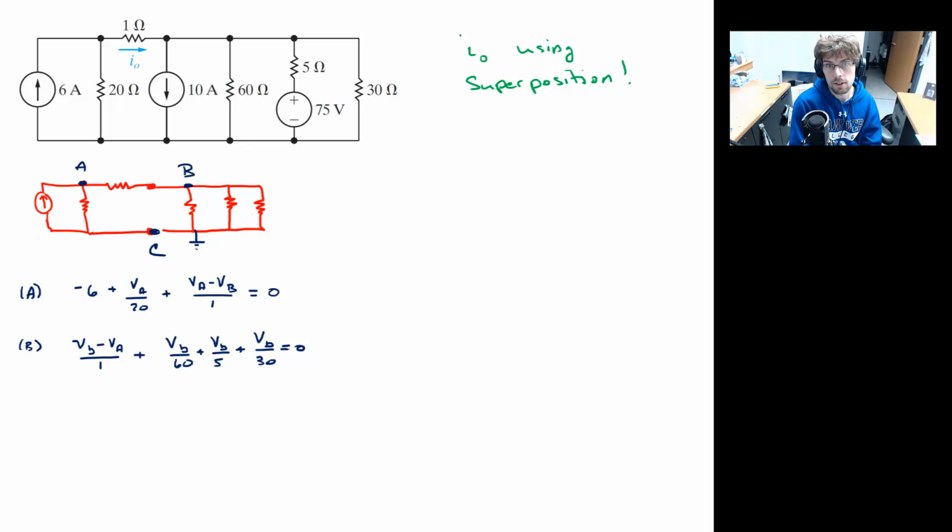So now I can sub and solve. Okay. And so what I have at the end of the day is VA, VB is equal to 24 and 19.2 volts.